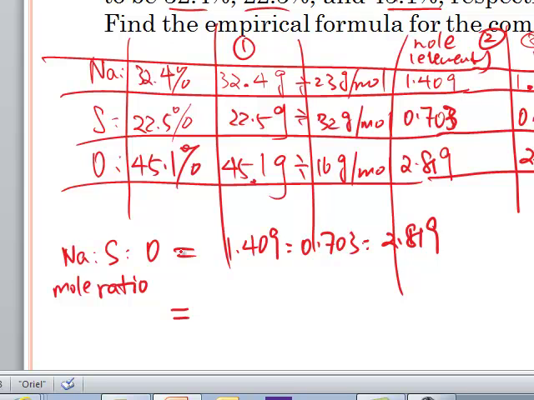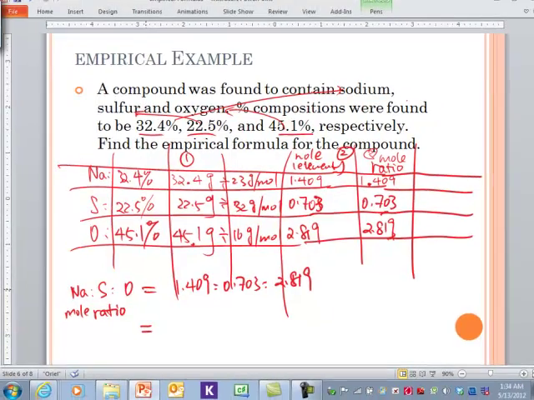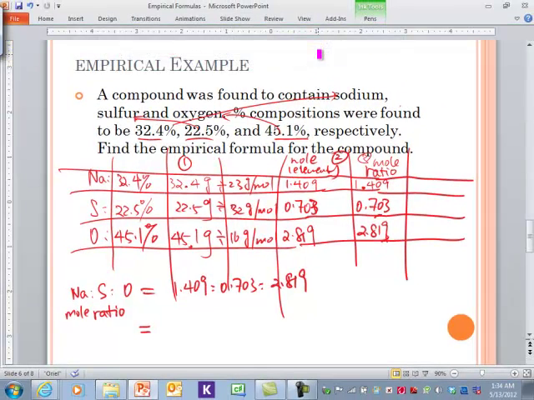In this case, this is one of the tricks you do. You take the mole number with the smallest value, and you simply divide each one of them by it.